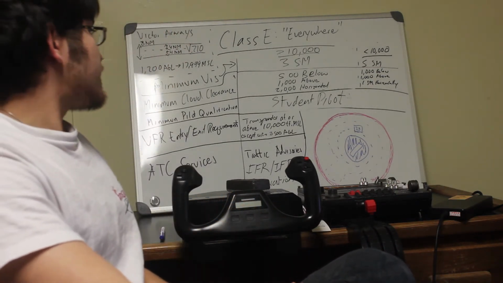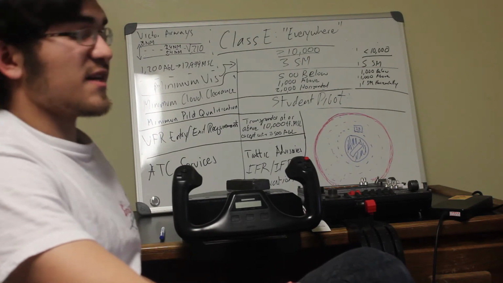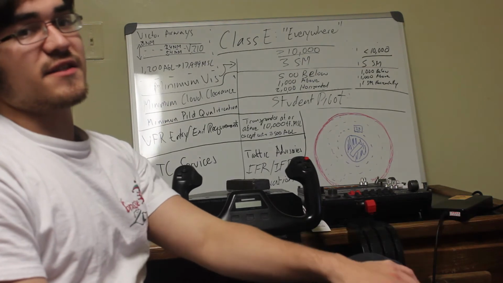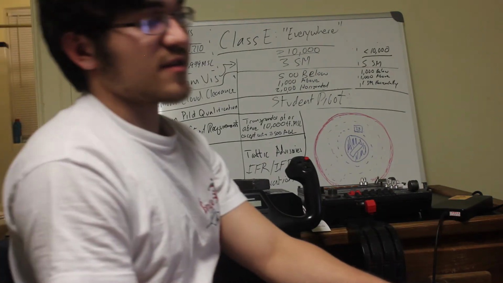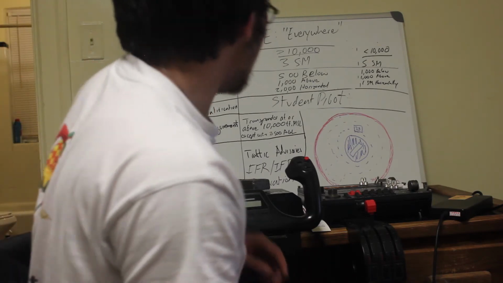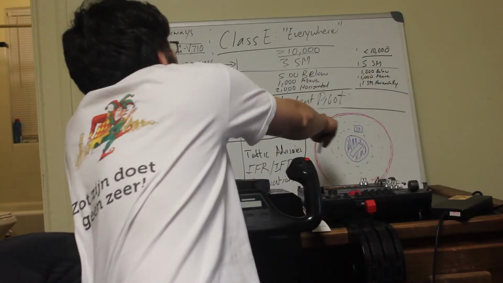Okay, and to know where Class E is, you've got to have an idea of where the other airspaces are. So if I talk again about Class G, or Class Golf, you've got this airport here.